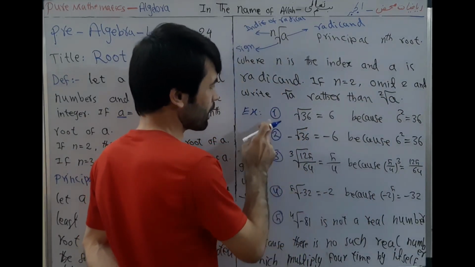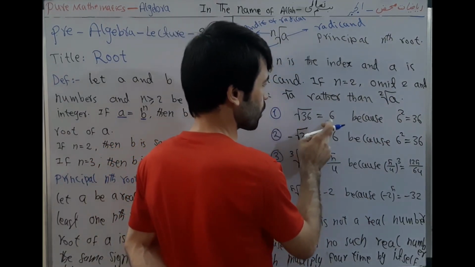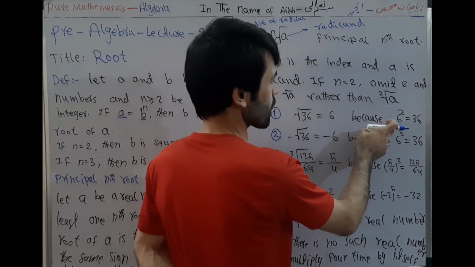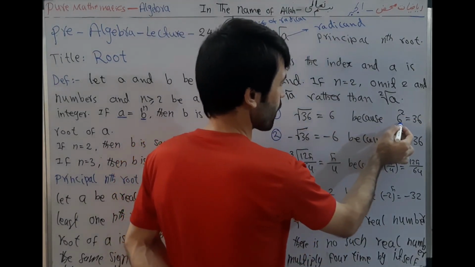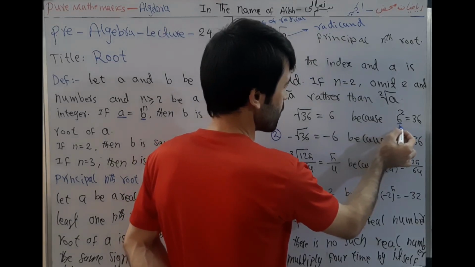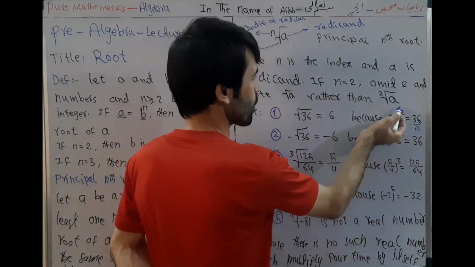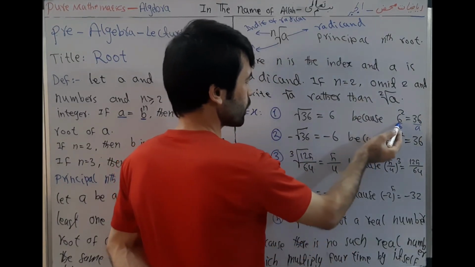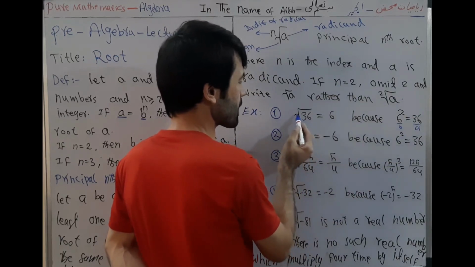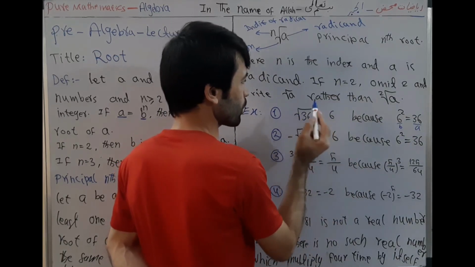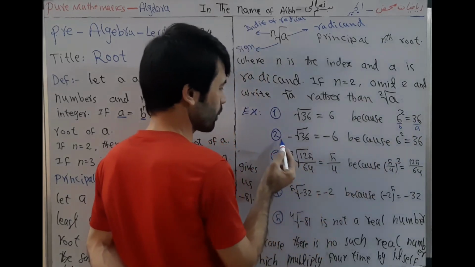Here are some examples. Example 1: square root of 36 is equal to 6 because 6 squared is equal to 36. See, here it is b, it is a: b to the power 2, 6 to the power 2, is equal to 36. So we can say square root of 36 is equal to 6 because of this equation.